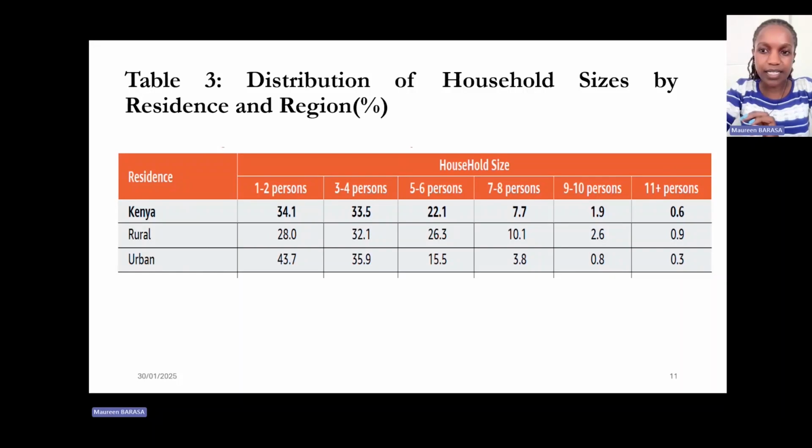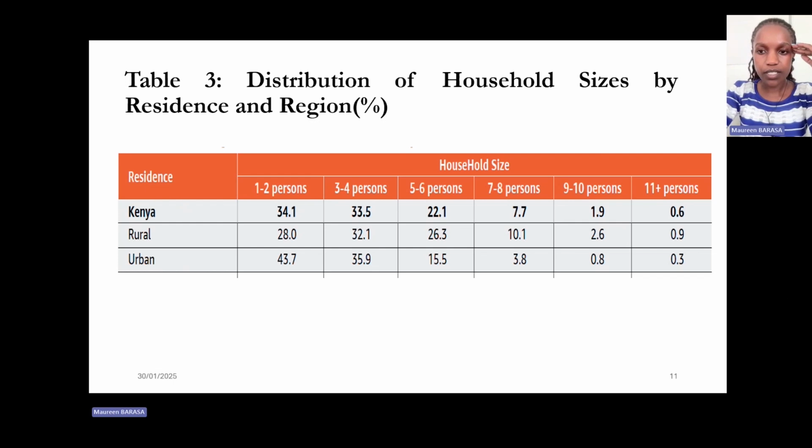It's at 67% between 1 to 4 people, the 34.1 plus 33.5. At least 1 to 4 people is the most dominant for the whole country nationally. Household sizes are mostly 1 to 4 people.